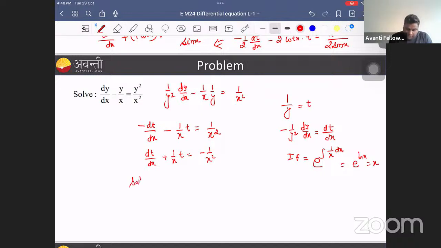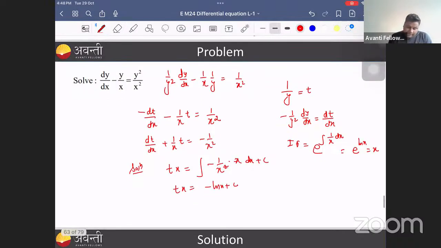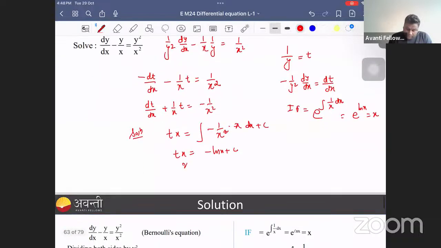So the solution will be t into x equals integration of Q. Q is minus 1 by x square, then integrating factor is x, dx plus constant. The x cancels here. So t x equals minus of ln x plus constant. And then your t is what? 1 by y. So the answer will be x upon y is minus ln x plus constant.